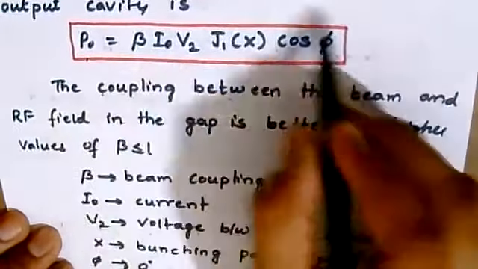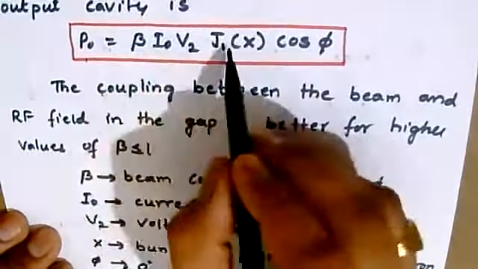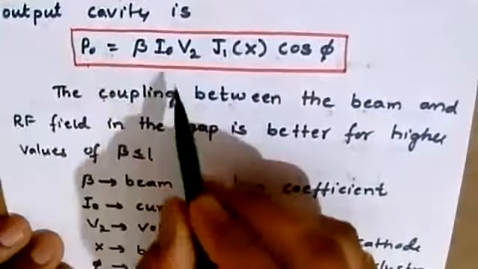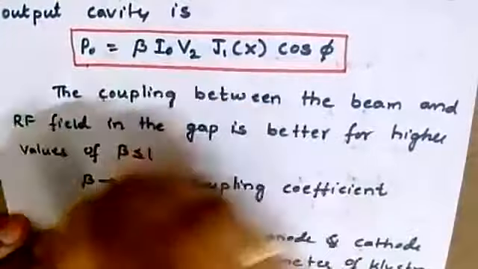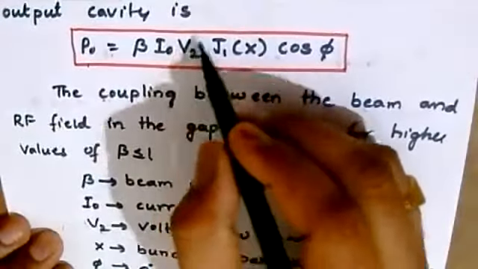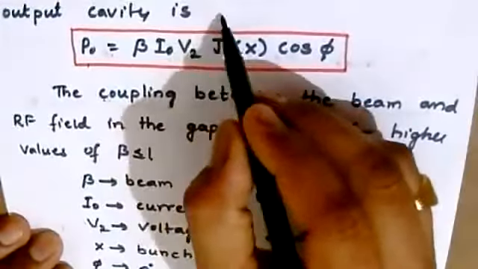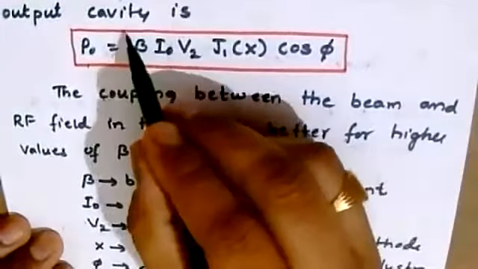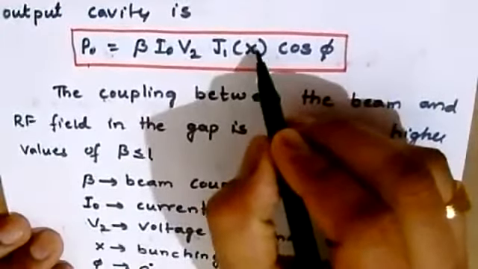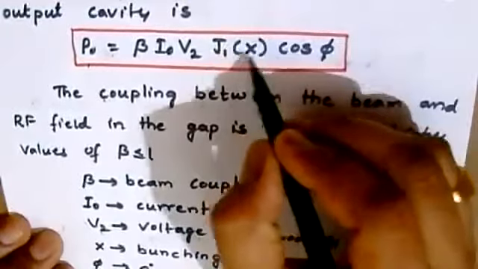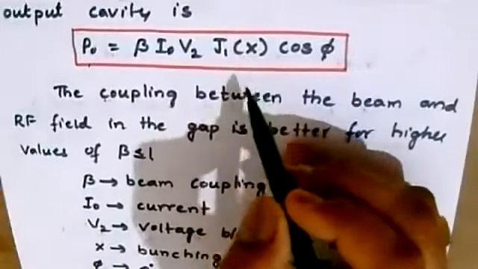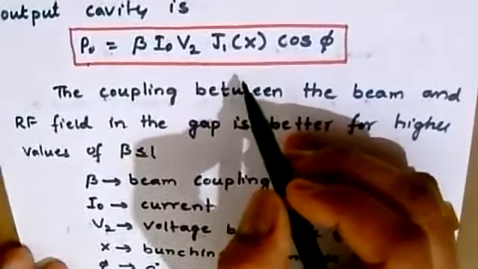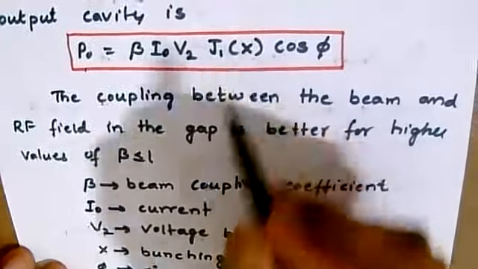Whenever we take the maximum values for these parameters, we get the maximum power delivered to the catcher cavity. The maximum value of the beam coupling coefficient will be 1, and V2 will be equal to the output voltage V0. Similarly, the X value is taken as 1.84, much like mechanical people take values from a steam table.